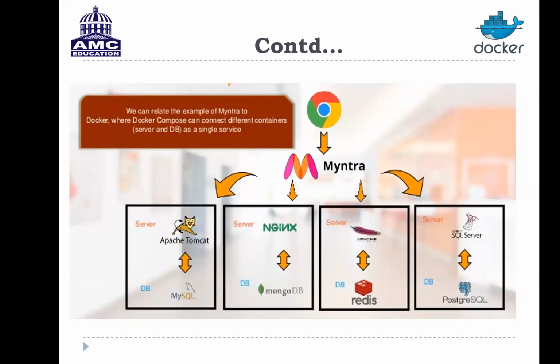For the next server I'm using Nginx, and the database is MongoDB. The next one is a data server, and my database will be Redis, and mostly this Redis server we are going to use for our Docker Compose project. The next one will be a SQL server and so on.